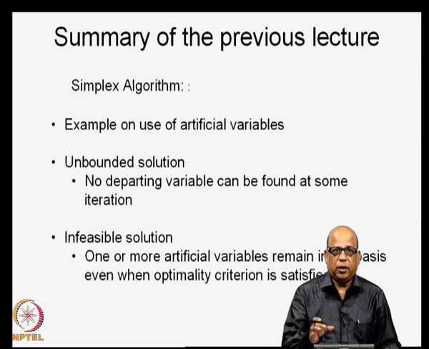We are able to find the entering variable, which means that you can increase that particular variable value and therefore increase the objective function value in a maximization problem, but we are unable to find a departing variable. Which means what? The objective function value can be increased up to infinity without violating any of the constraints, and therefore we identified such problems as unbounded problems, the problems with unbounded solutions.